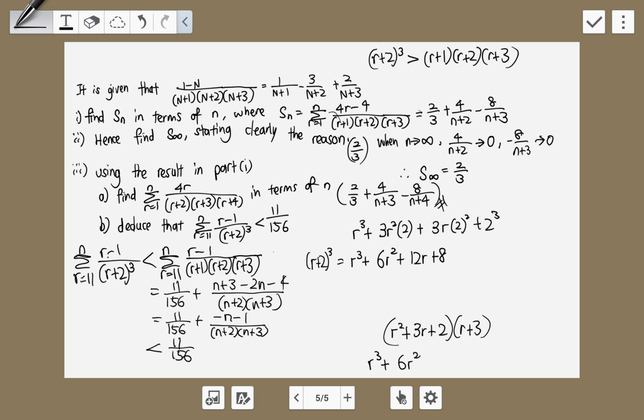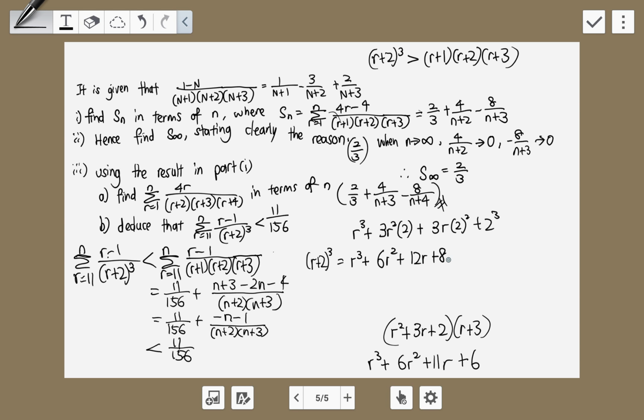Then after that, to get the r term, I get 9r plus 2r, so 11r. 11r, one less than this. So the last term, the constant term, is just 6. So we can see that the first two terms are equal.